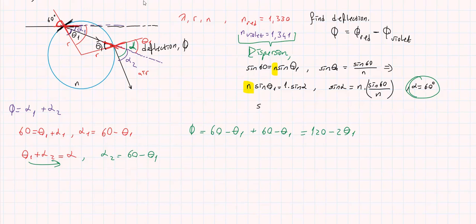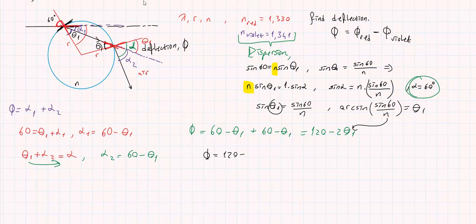Since I know that sine theta 1 is equal to sine 60 over n, to find theta 1, I will say arc sine of sine 60 over n. This will give me theta 1. Now I will substitute it in here, then phi will be 120 minus 2 times arc sine of sine 60 over n.